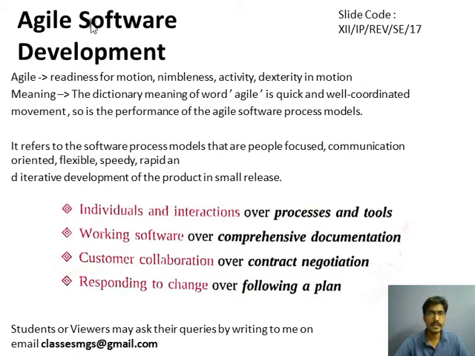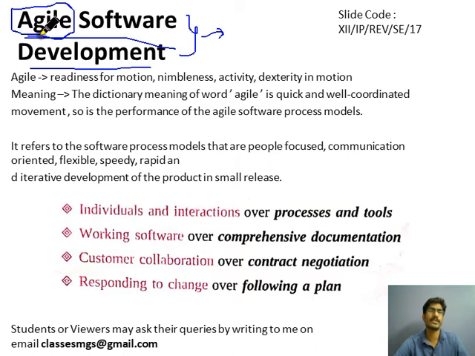So in this chapter, let's start our discussion with agile software development. Before coming to software development through agile, I would like to explain the term agile first. What is the meaning of agile in English?